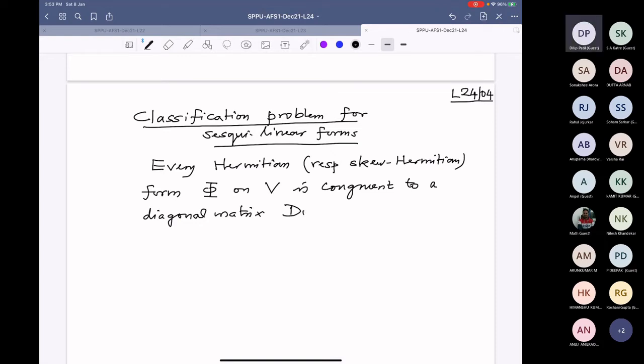Let me write it down. This was what I was using, C1 to Cn.